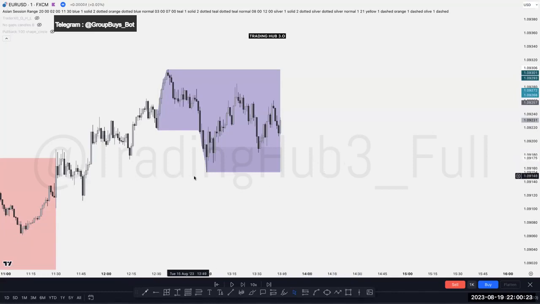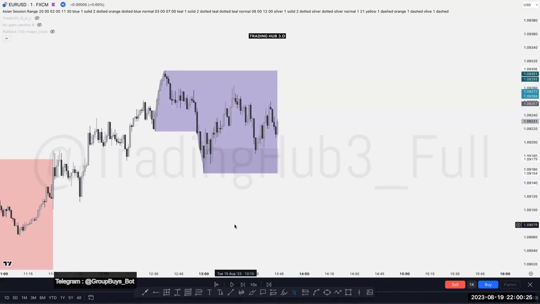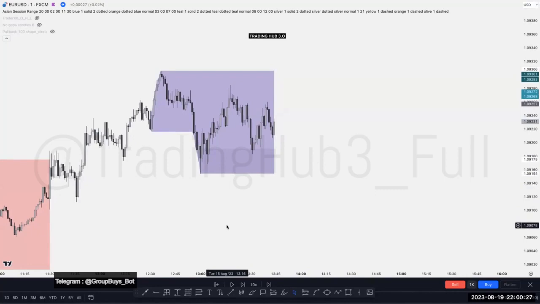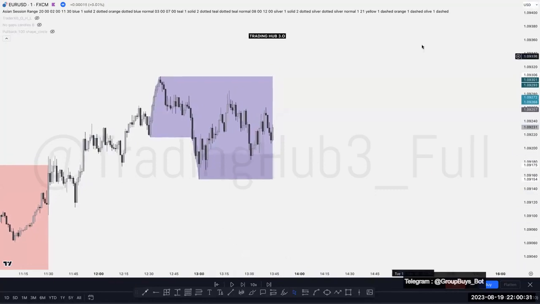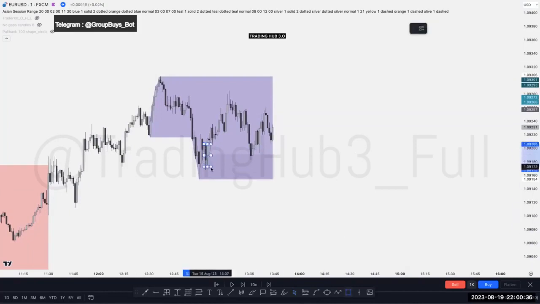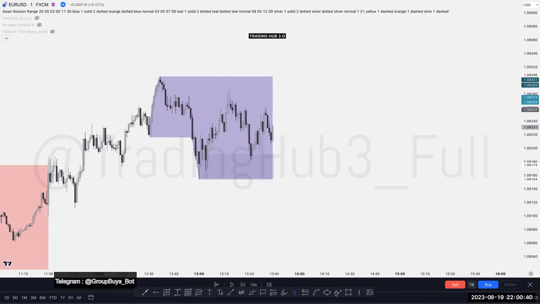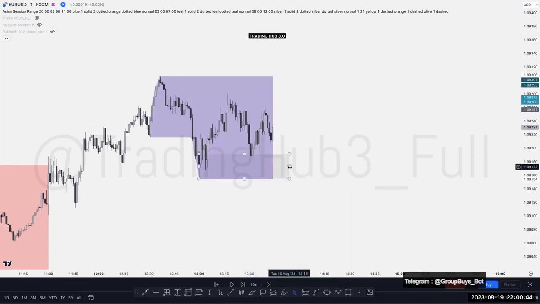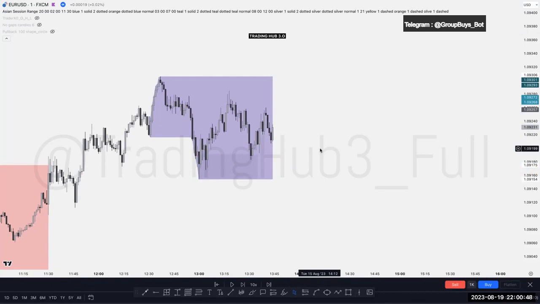Look at this picture here, this one. This order block is mitigated here, right? Okay.